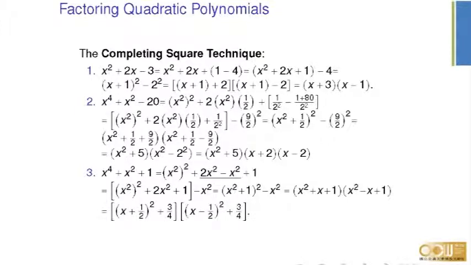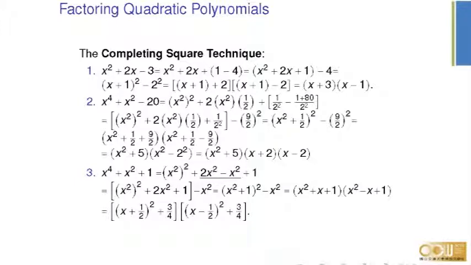Now, this will be the end of the factorization technique of factoring this quantity. But to make certain that the last two quadratic polynomials cannot be factorized further, I'm going to use the completing square technique to check for both of them.